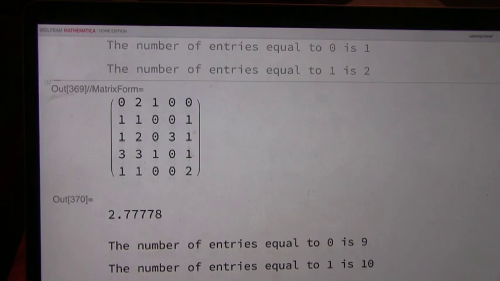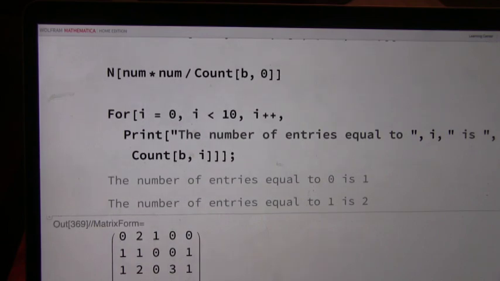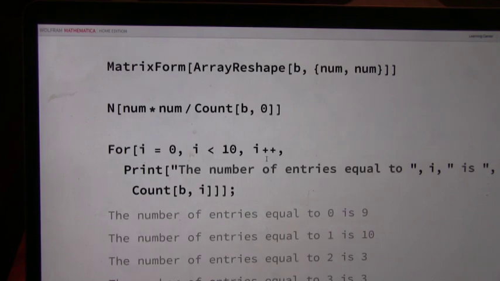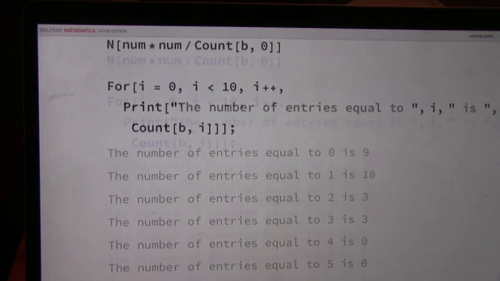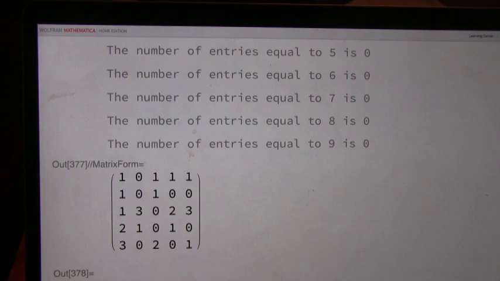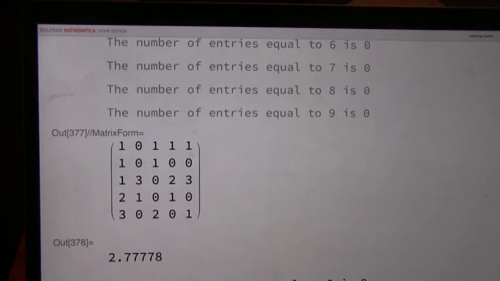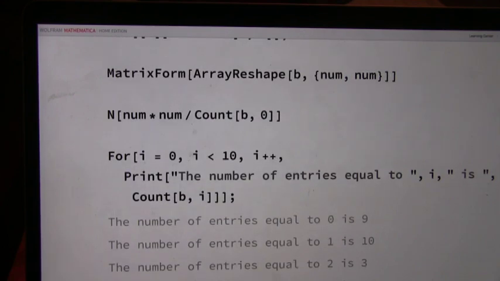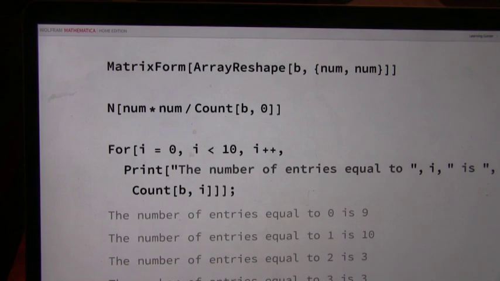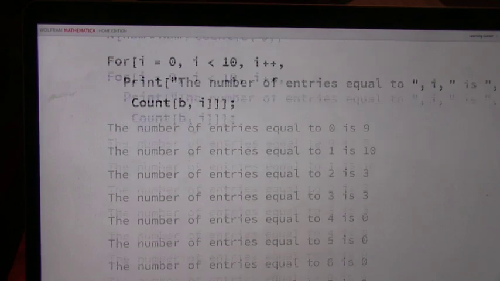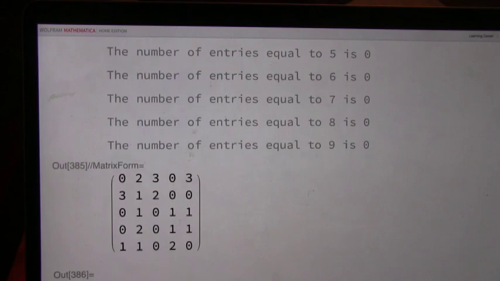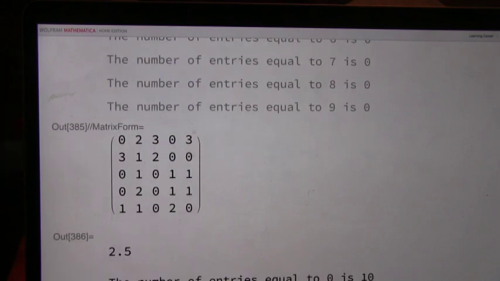Okay, so maybe I can run it again. Oh, look. When I ran it again, did it run again? Yeah, I think it did. It's just below that. Yeah, it ran again. I was a little confused.